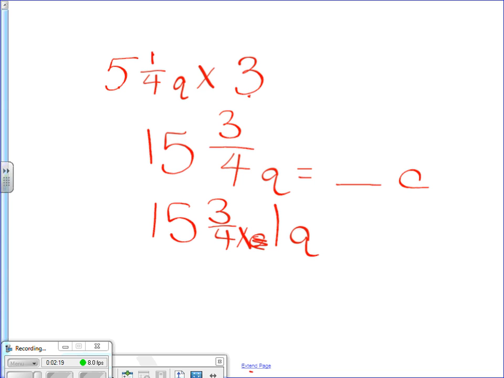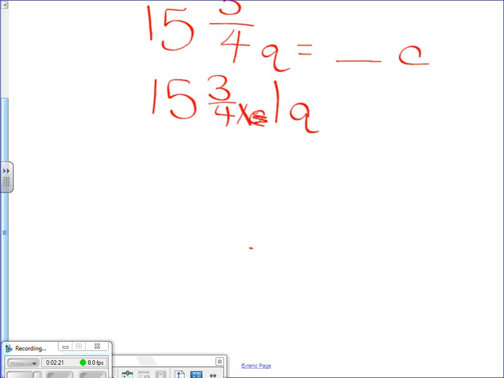Let me extend the page so you can see. 15 3/4 times whatever. How many cups are in 1 quart? 4. It's 4 cups.